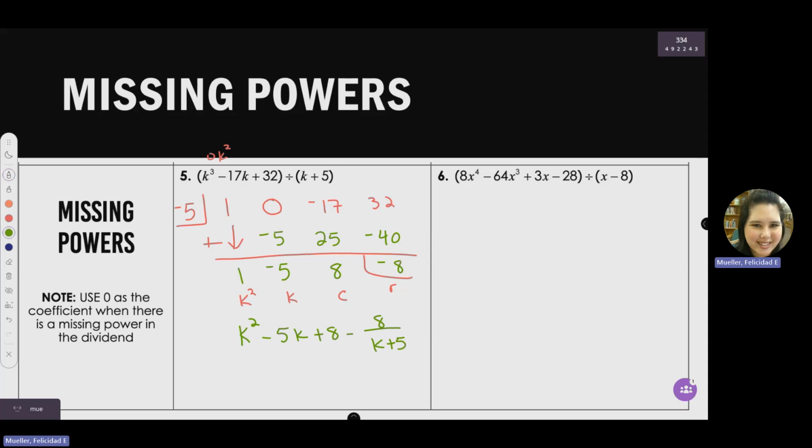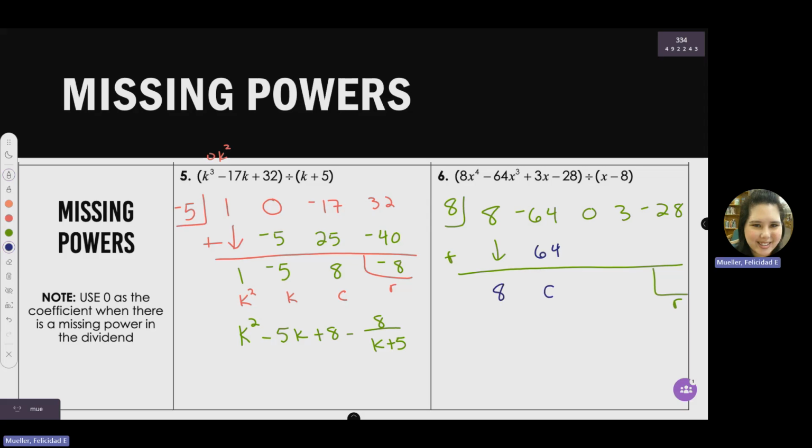So I'm going to go ahead and try number 6. All right, let's go ahead and check your work. So we should have 8 and then 8, -64, 0, 3, -28. Bring down the 8. 8 times 8 is 64.